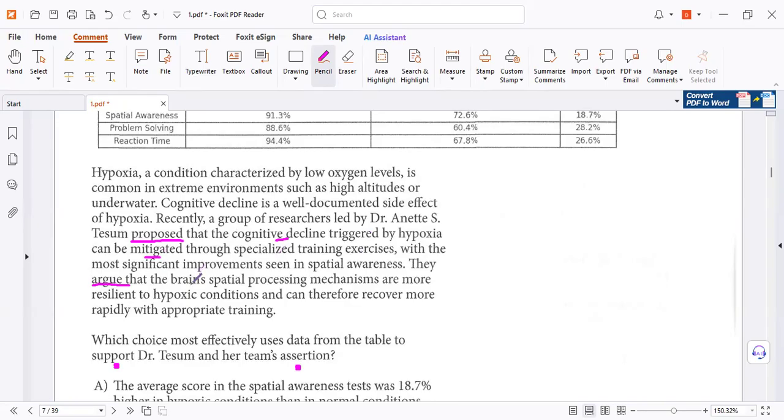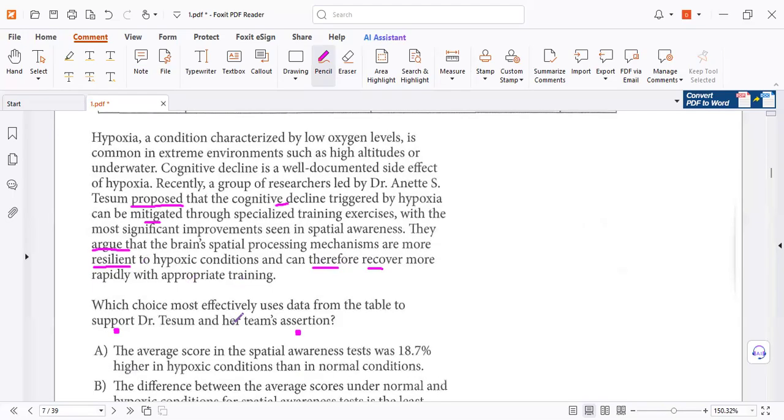They argue the brain's spatial processing mechanisms are more resilient, could be vulnerable to hypoxic conditions, and therefore recover more rapidly with appropriate training.